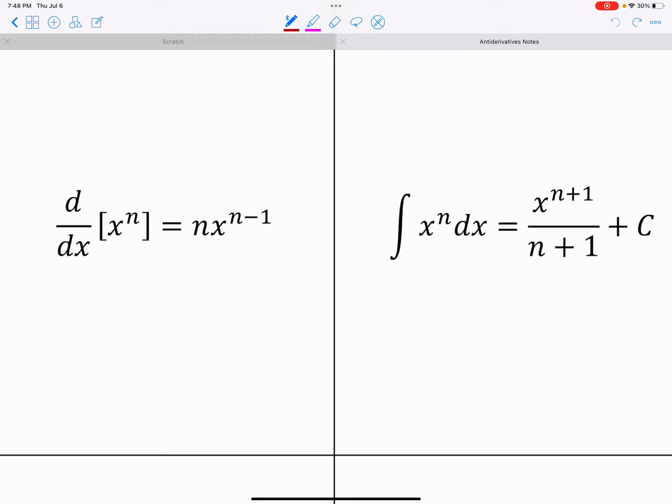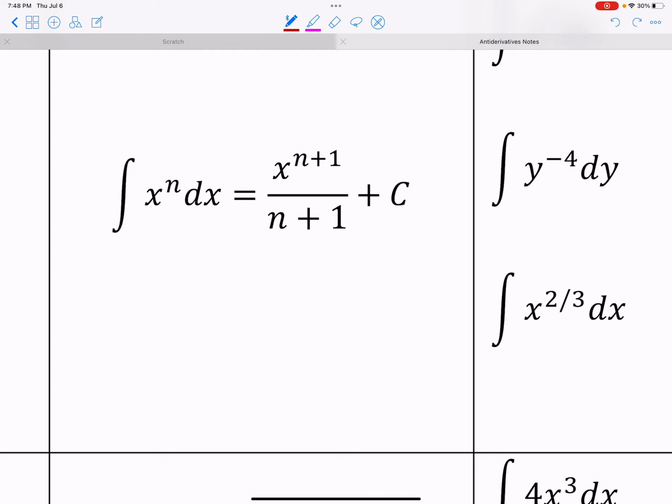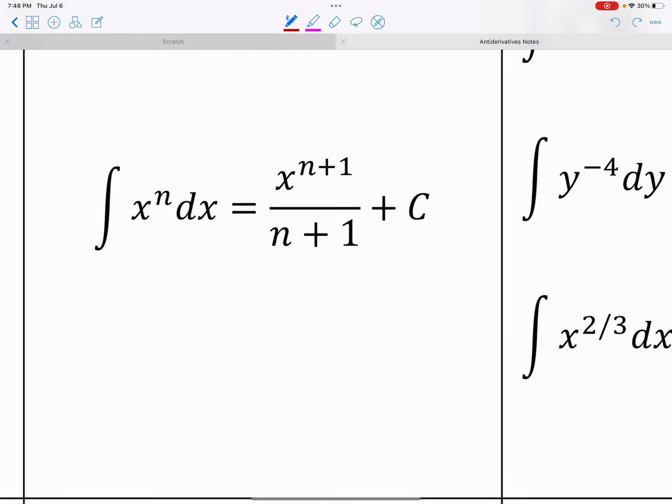And we want to do those in reverse. So instead of multiply and then subtract, we're going to add and then divide by the exponent that was added to. So if we're integrating, anti-differentiating, finding an antiderivative of x to the nth power, it will be x to the n plus 1 power divided by n plus 1, and again, we're going to add that constant of integration.